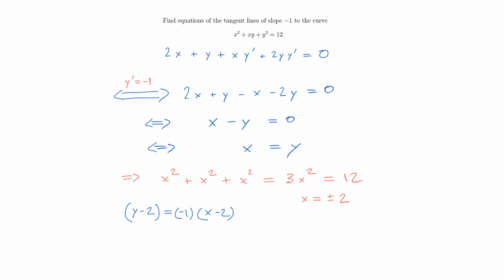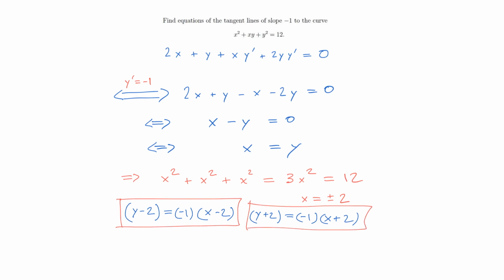So we'd write y minus minus 2, so y plus 2 equals the slope, again minus 1, and then x minus minus 2, so x plus 2. These two equations that we just wrote down are all the tangent lines to this curve that we were given with slope minus 1.